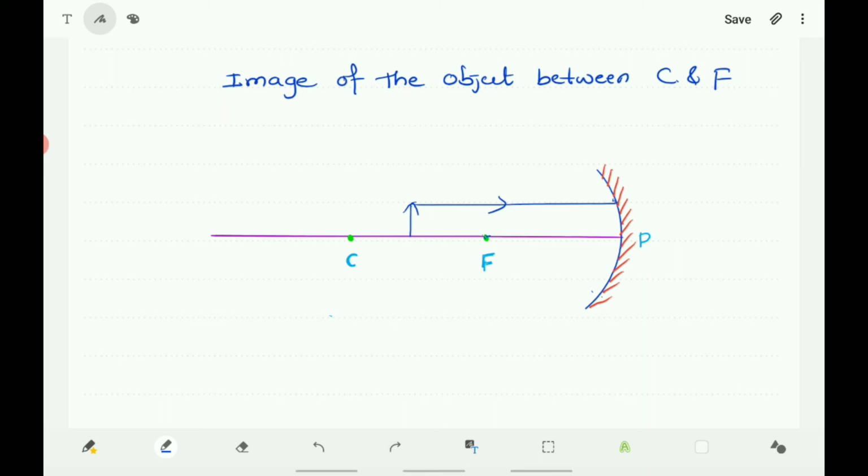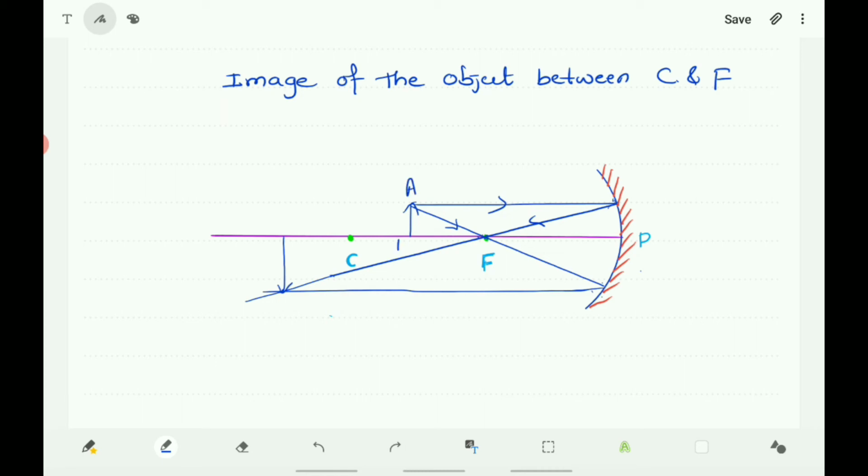That ray reflects on the surface and passes through the principal focus, and the next ray, the ray which passes through the principal focus, that ray reflects parallel to the principal axis.